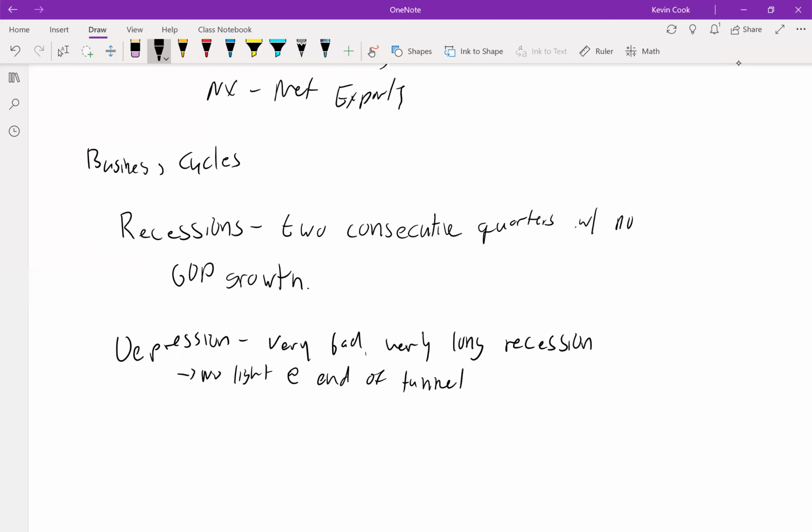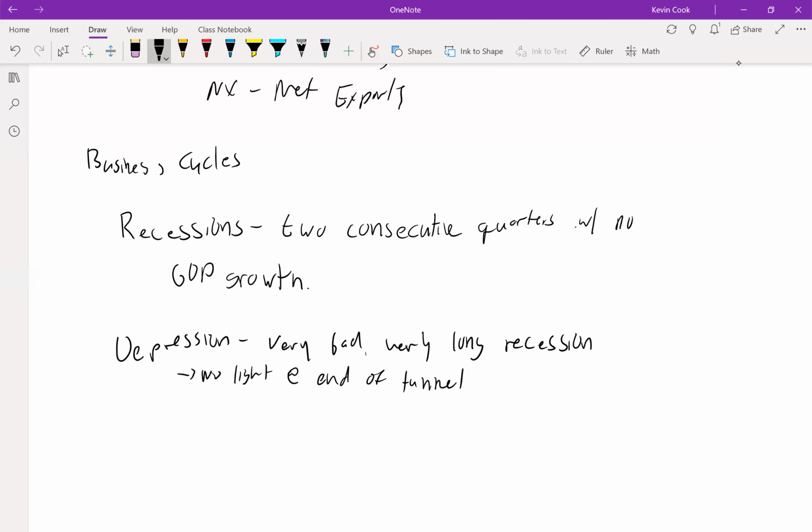So if, not right now, but if at the end of quarter two this year, we go into a recession, we'll see that there's a light at the end of the tunnel, right? We're going to say, well, yeah, we are in a recession, but once people get back to work, once the fear of the virus is relieved, then we're going to be back to normal and the economy back up to where it needs to be. Whereas with the depression, it's a little more like, oh, this is never going to end, right?